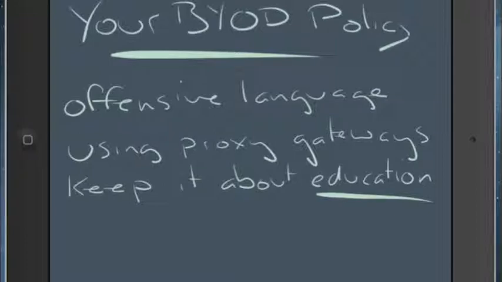But what I'm saying is, your policy probably needs to make it clear that the device, when it's in school, is for school, it's for learning. Because as much as we want learning and their other life, their life outside of school, to become merged, it's important still that there are some boundaries. So your policy needs to address one more challenging issue.